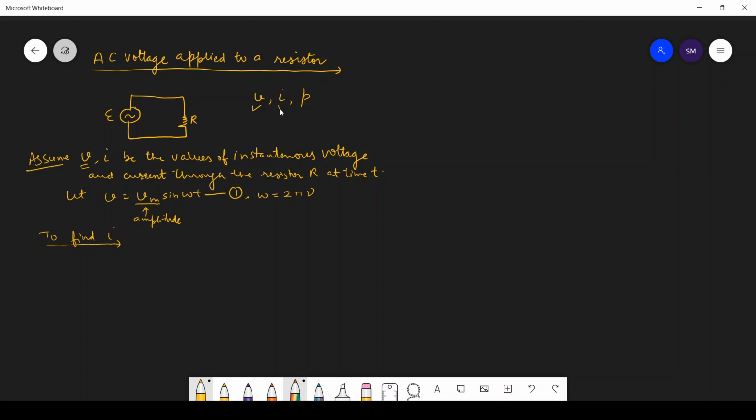Second thing, now we are dealing with current. So what will be the equation of the current? To find I through the resistor R.